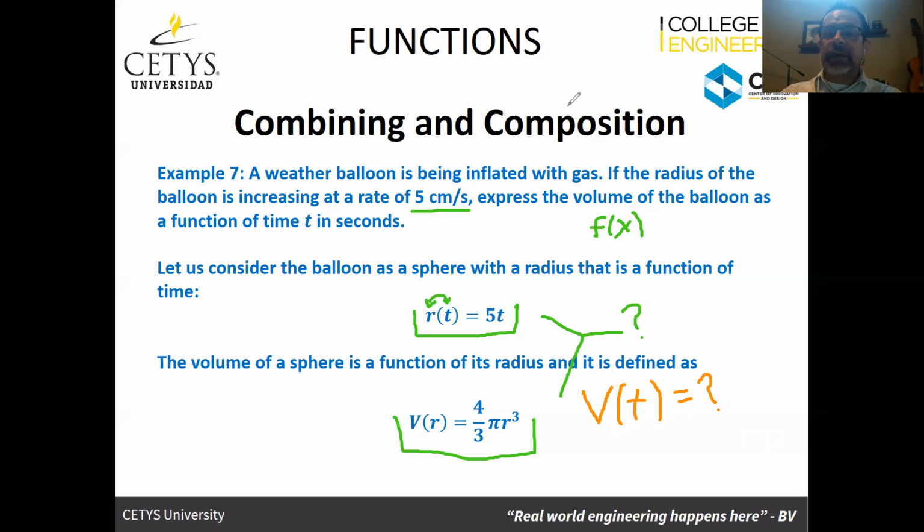Well, the way we can do that is doing a composition between these two expressions. So I've already got the radius with regards to time, and I've got the volume with regards to the radius. So if I grab this and put it in here, I can find now an expression that gives me the volume with regards to time, which is what I want.